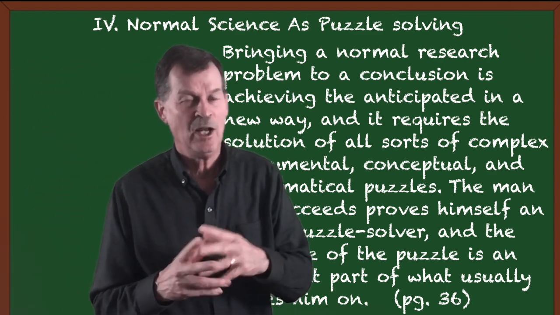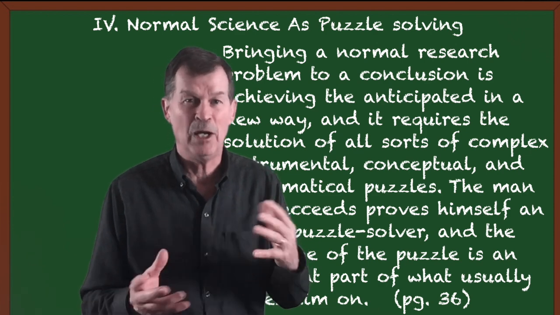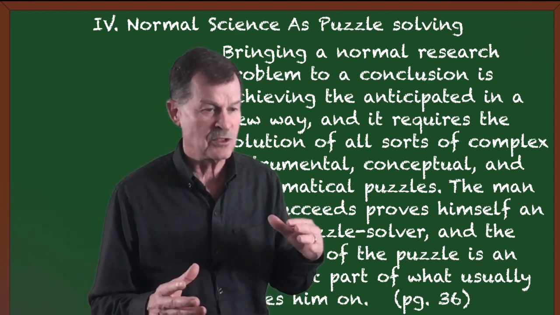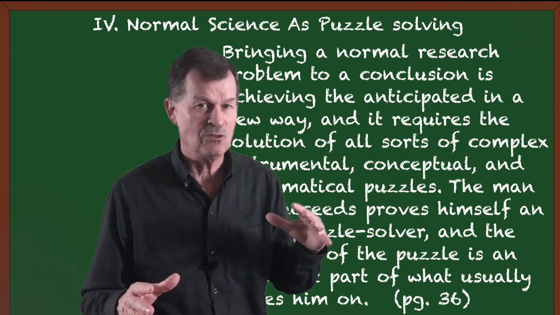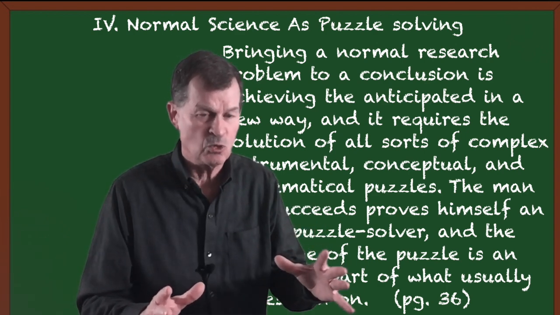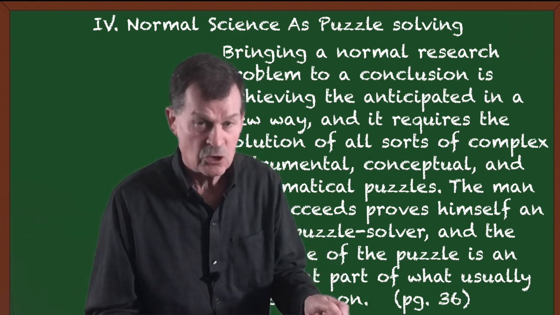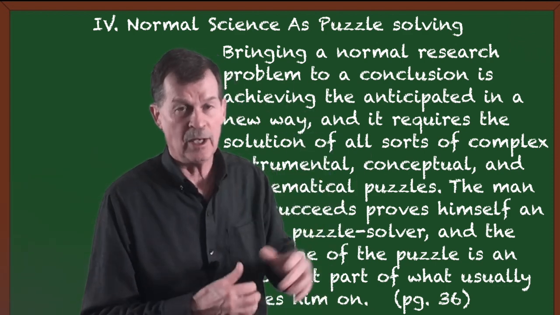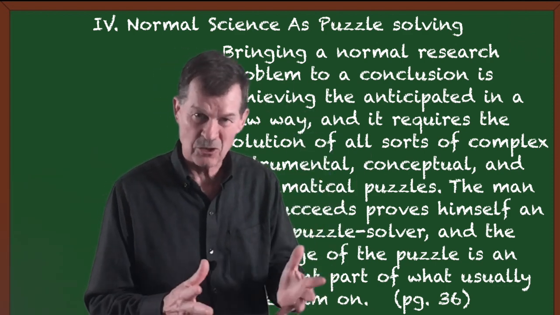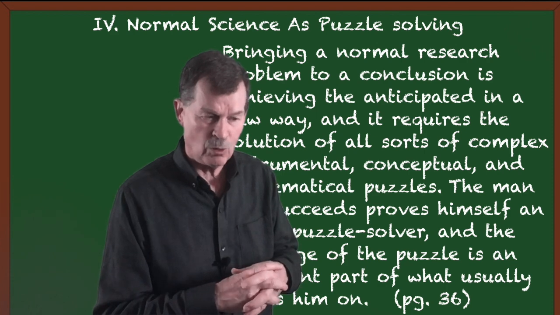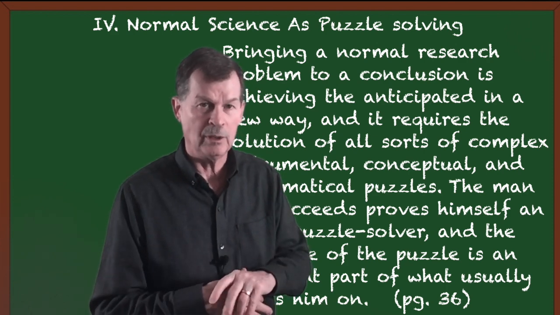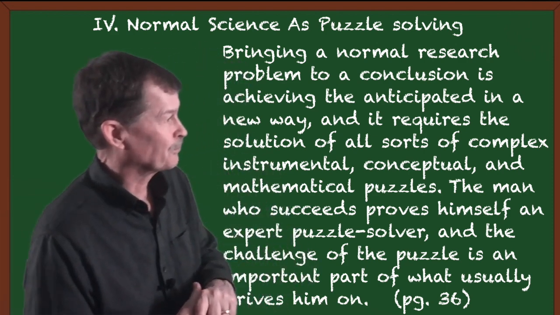And he says science has a lot of puzzles to it. And what a scientist does is stay within the parameters, solving puzzles. That's why the name of the chapter is puzzle solving. And so he's saying, well, okay, then scientists are really puzzle solvers.